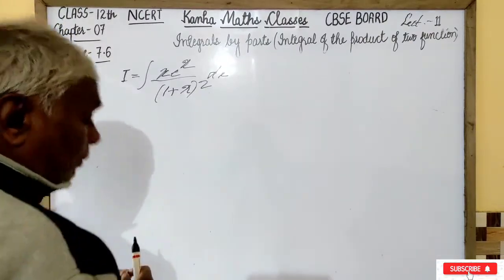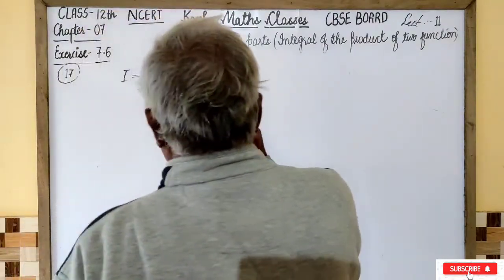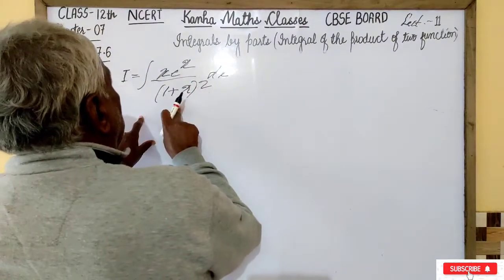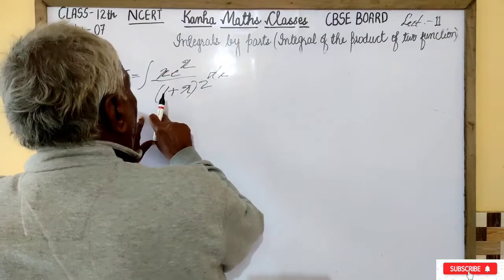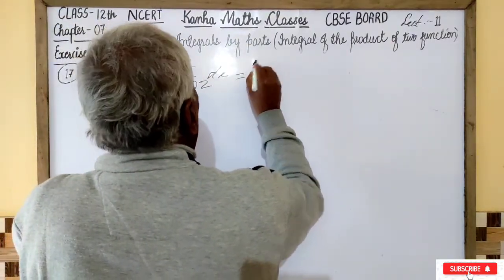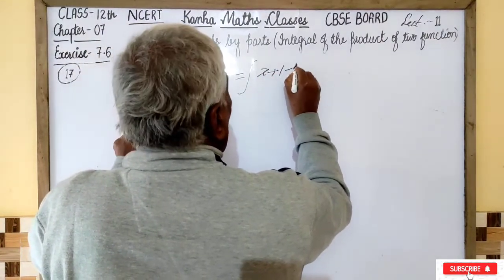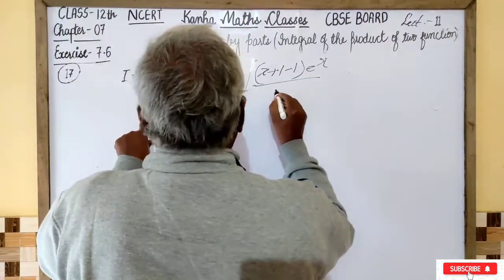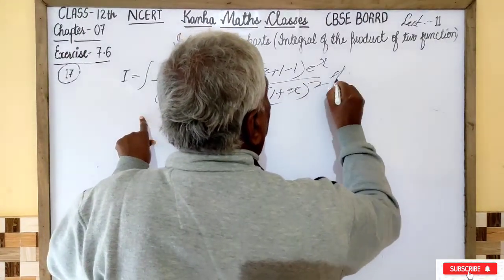Here we will also use another trick, a simple trick in order to bifurcate this integral into the sum of two integrals, that is (x plus 1 minus 1) e^x upon (1 plus x) whole square dx.